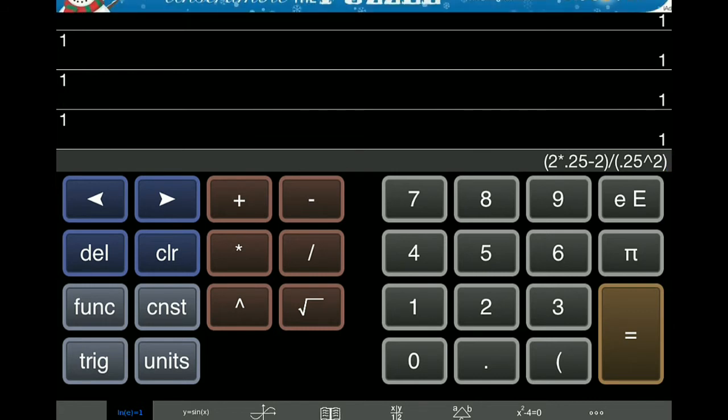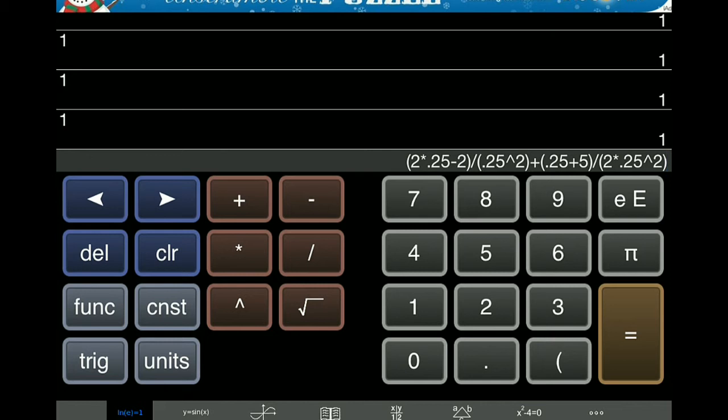So now that's my first fraction. I'm going to do plus. I have x plus 5, so I have parentheses 0.25 plus 5, close my parenthesis, divided by 2x squared in the denominator. So in the bottom, 2 times 0.25 squared, and the order of operations should work fine there.